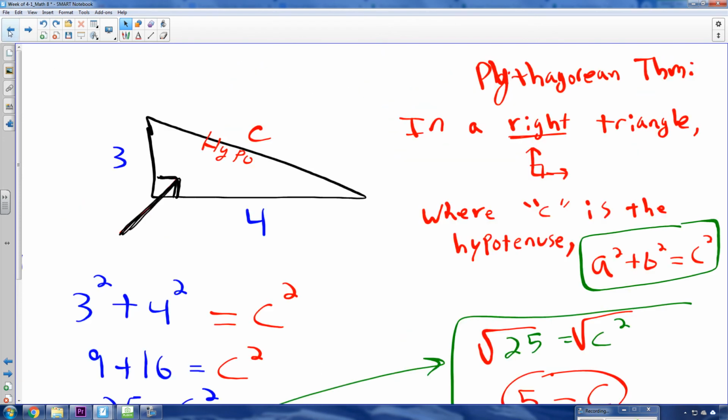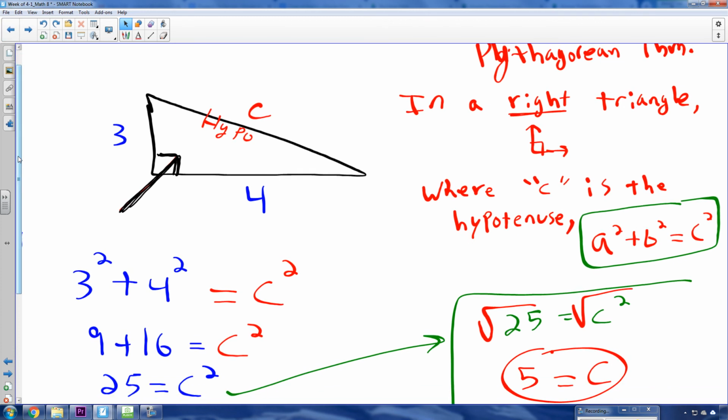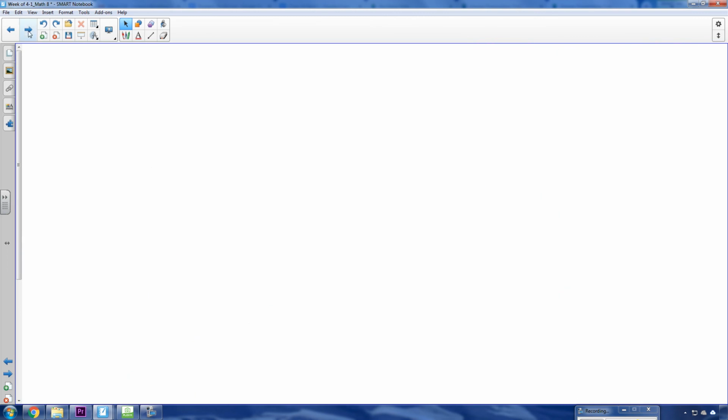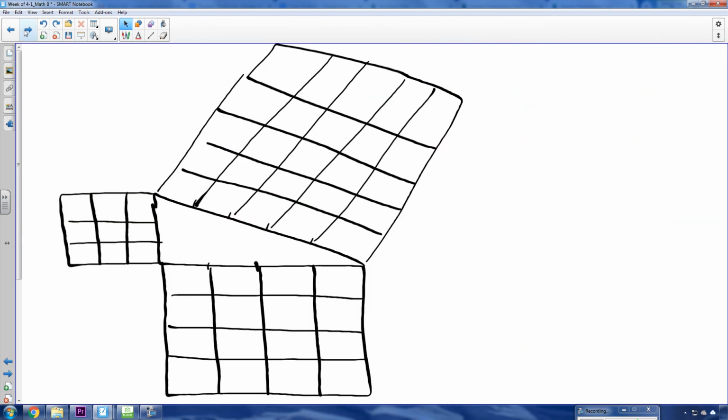So I've drawn this triangle again over here, and what I'm doing is I'm showing you something. What I think is kind of cool is I'm just going to do the following. 1, 2, 3, 4, 5, 6, 7, 8, 9, 10, 11, 12, 13, 14, 15, 16, 17, 18, 19, 20, 21, 22, 23, 24, 25. Would you agree there are 25 red dots between those two?